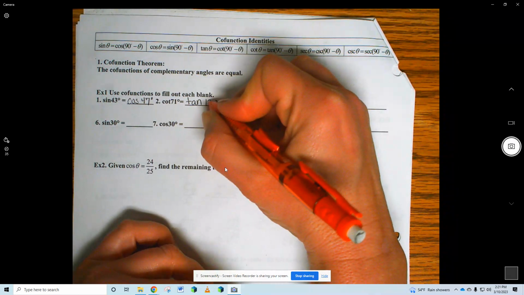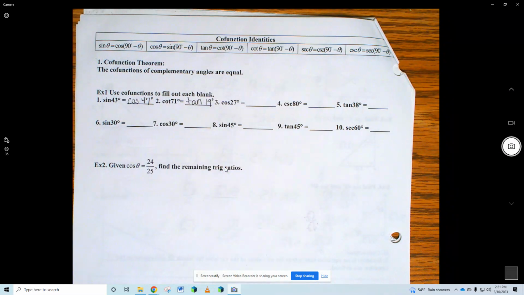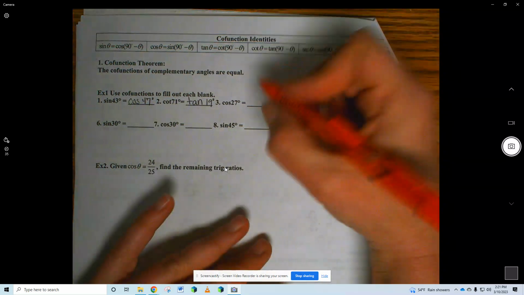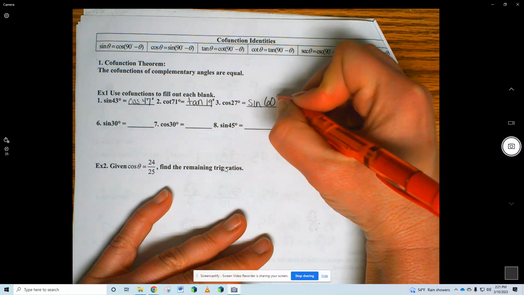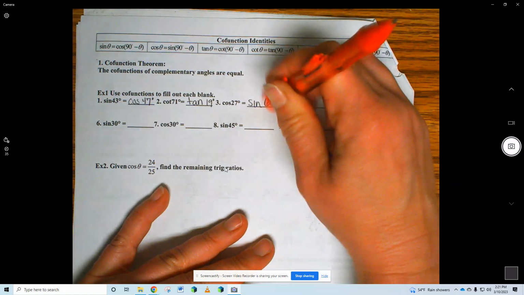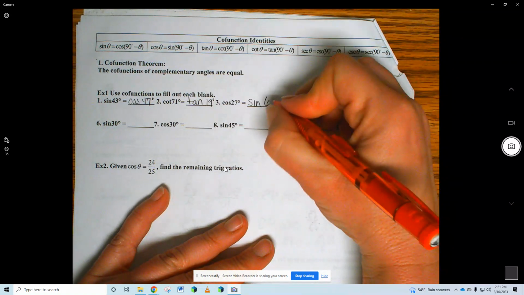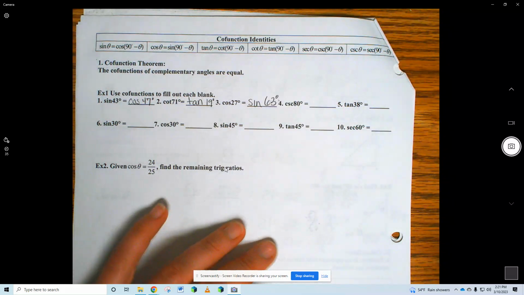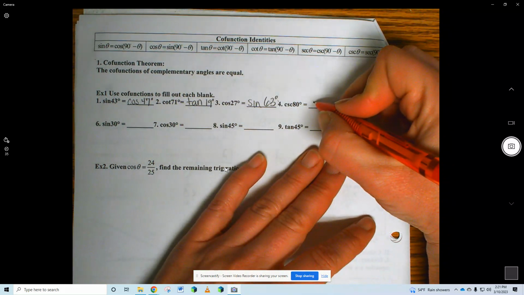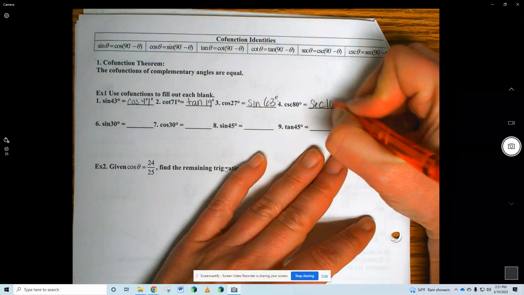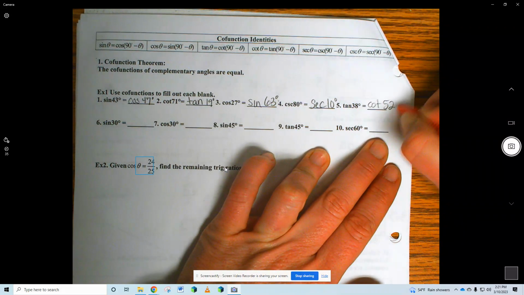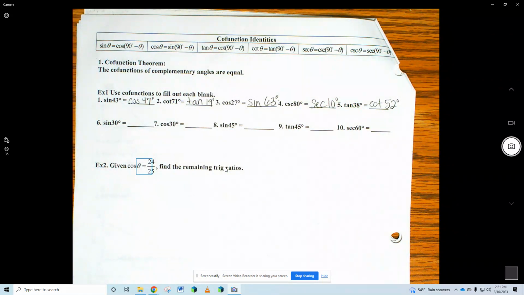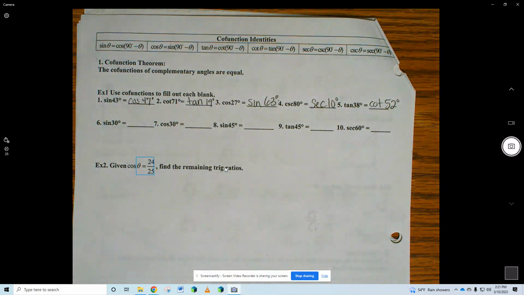Okay, so that's what I'm doing. I'm subtracting 90, cofunction. Cosine of 27 is the sine of 90 minus 27. 63. Cosecant of 80 degrees is secant of 10 degrees. Tangent of 38 is cotangent of 52.